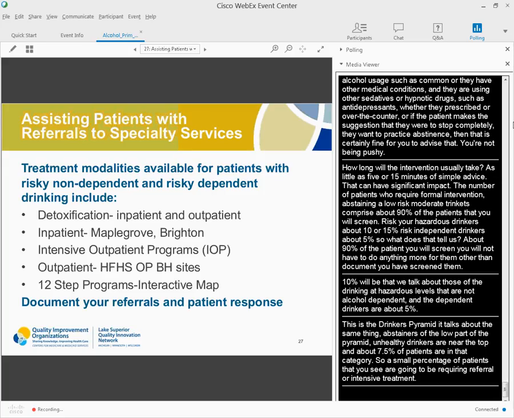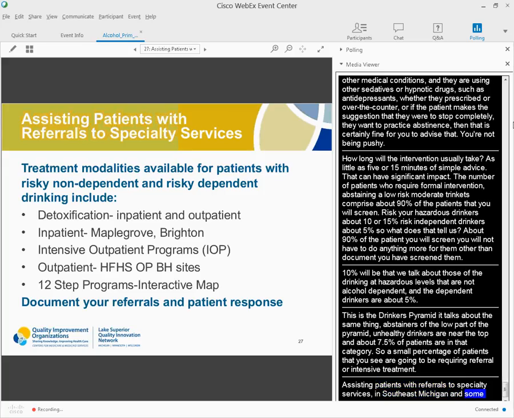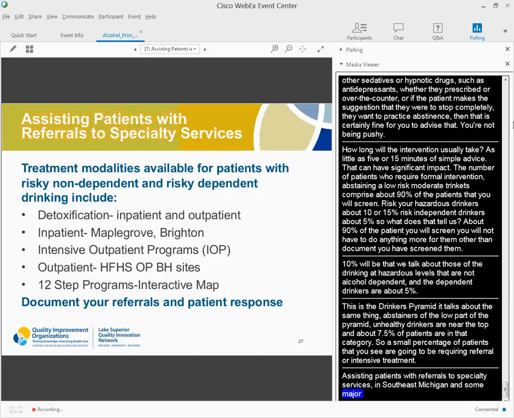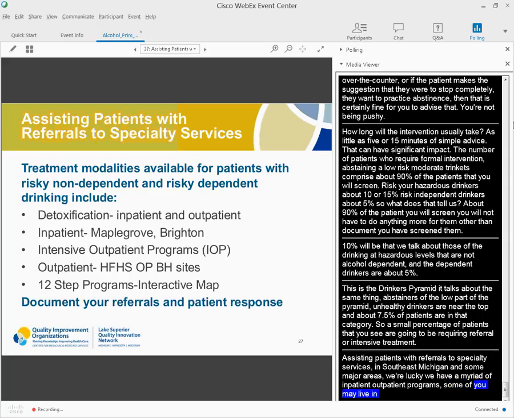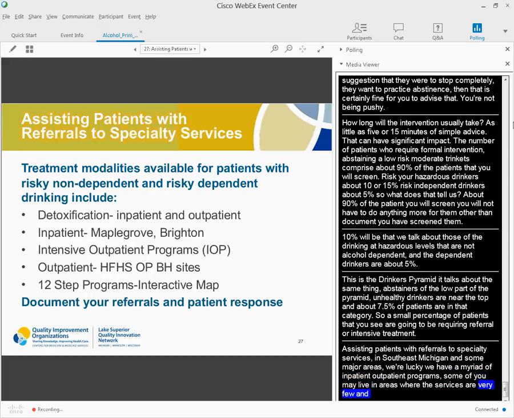So we're looking at Southeast Michigan here, and this is where I'm talking from. We're very lucky. We have a myriad of inpatient, outpatient, intensive outpatient programs. Some of you listening to this may live in areas where these services are very, very few and far between. But detoxification is available. Inpatient, there is outpatient detox available now.